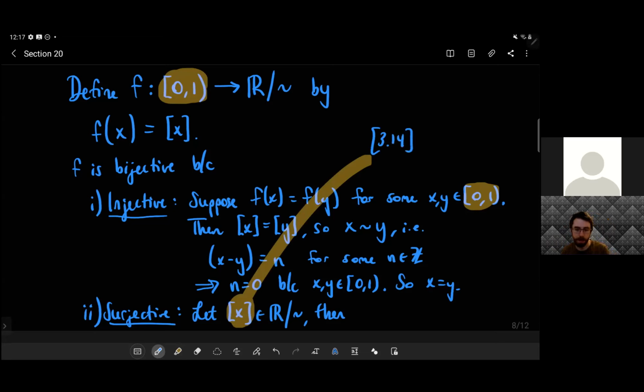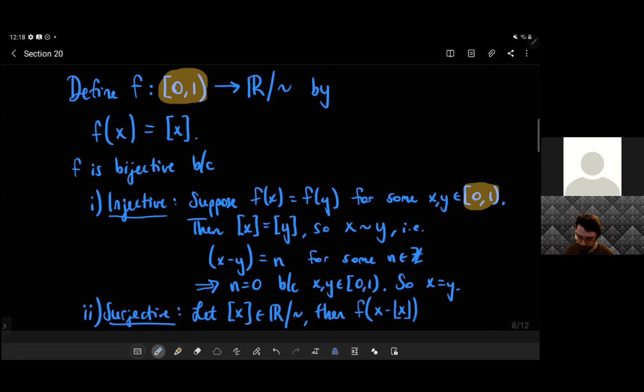You can't just pick 3.14 to map onto it because it's not between 0 and 1. But you could subtract 3 and get something that's between 0 and 1. And in general, if you take that representative and you subtract the integer part of it, or the floor of it, however you want to write it, that'll be in the interval 0 to 1, because you're killing the integer part.